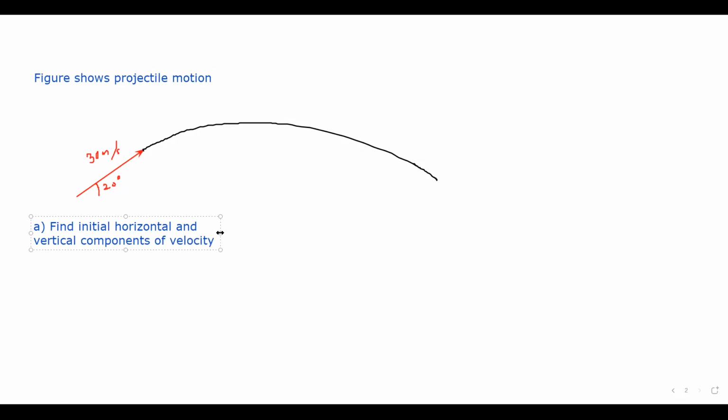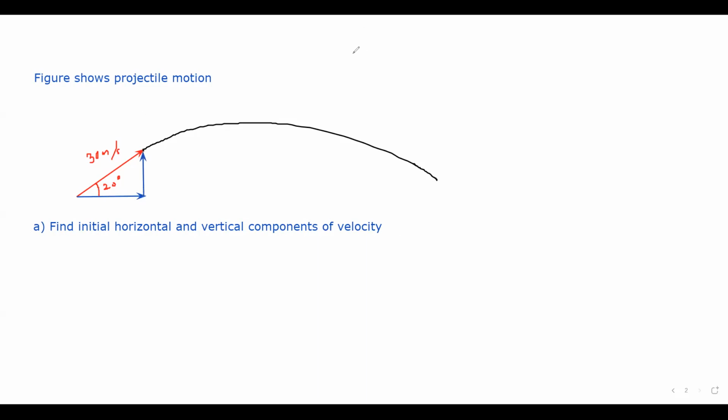So how can we find the initial horizontal and vertical component of the velocity? Basically there are two components, one is horizontal, another one is vertical. The horizontal component is given by u cos theta and the vertical component is given by u sine theta. So what is u?